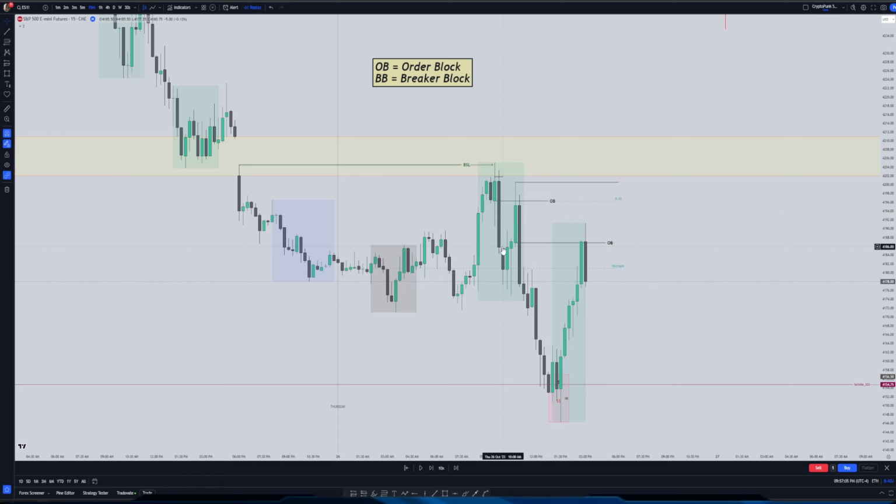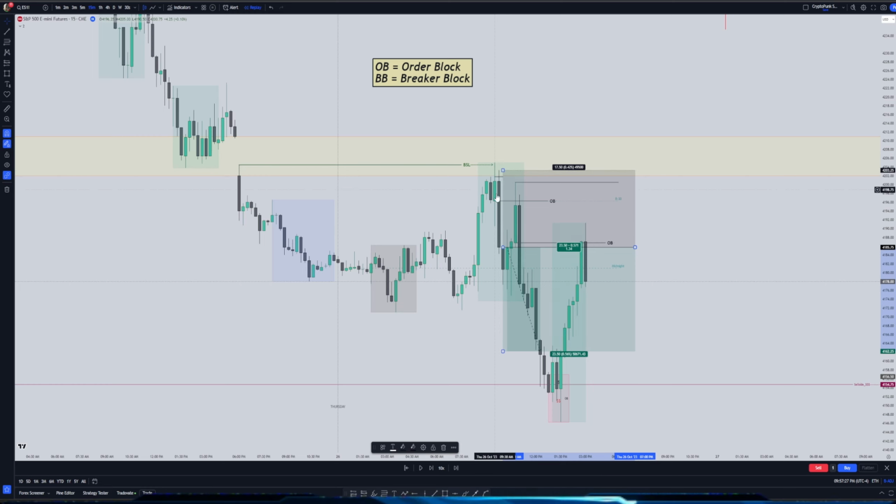Okay, if I entered inside of my fair value gap, let's say I didn't enter on the order block, I entered on the fair value gap, and there is a small little volume imbalance, so I would at least put my entry on that volume imbalance, and my minimum stop loss had to be here. That's my minimum stop loss level. Why?